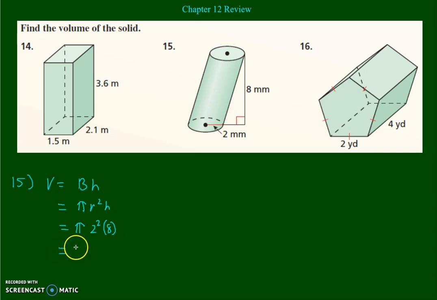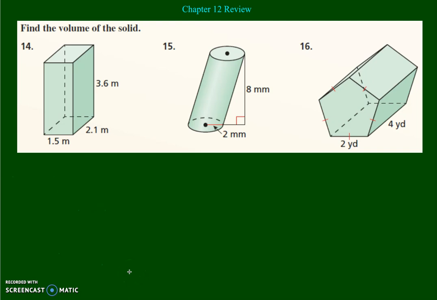That gives us a volume of 32 pi, which is approximately 100.5 cubic millimeters. All right, now let's move on to problem 16.